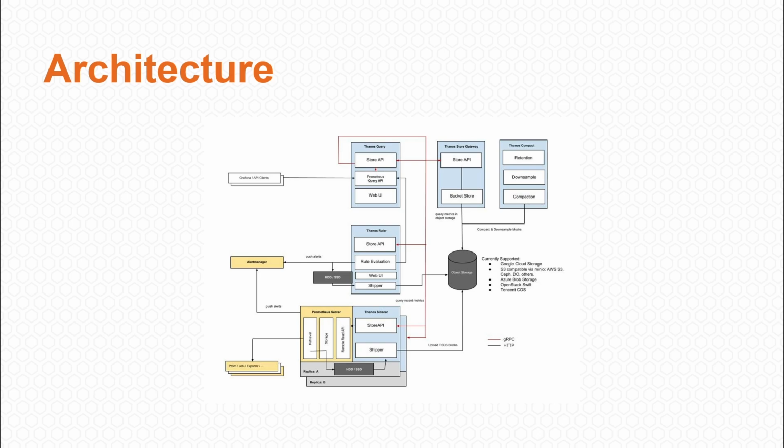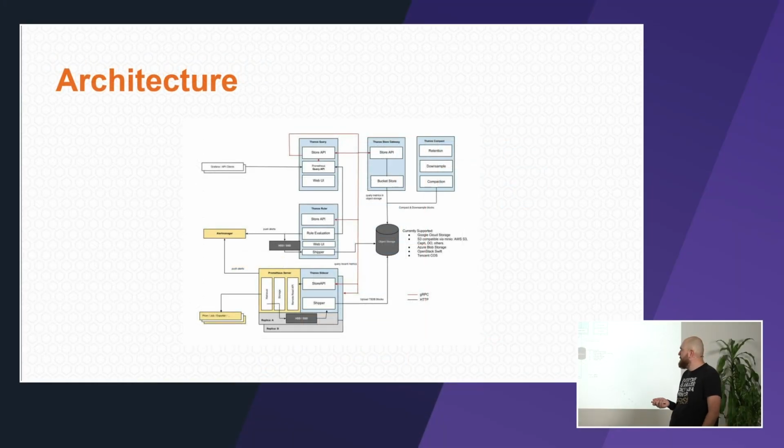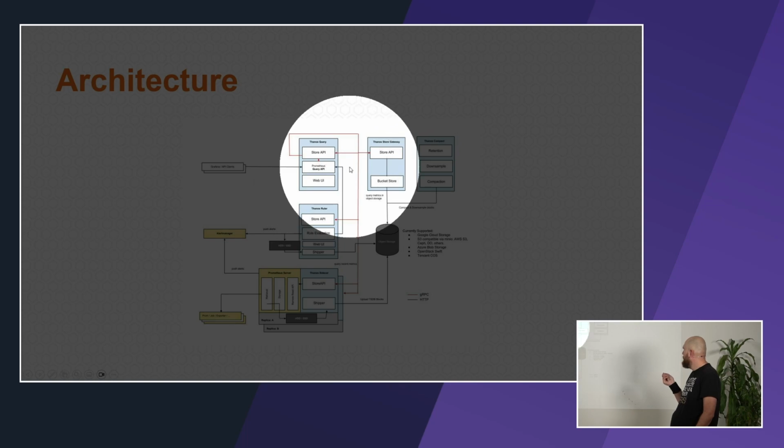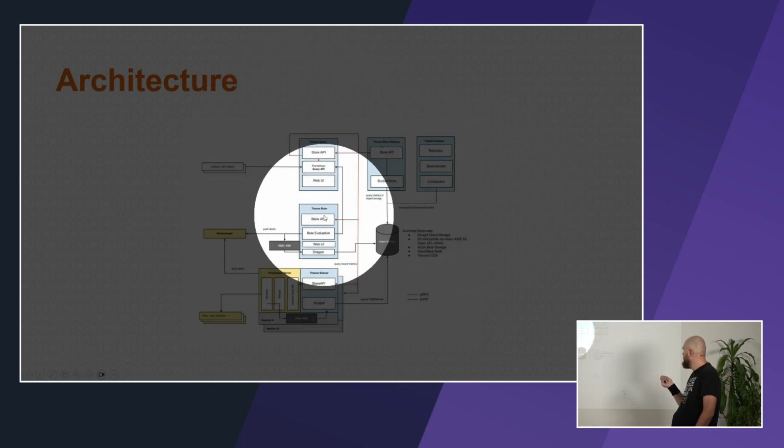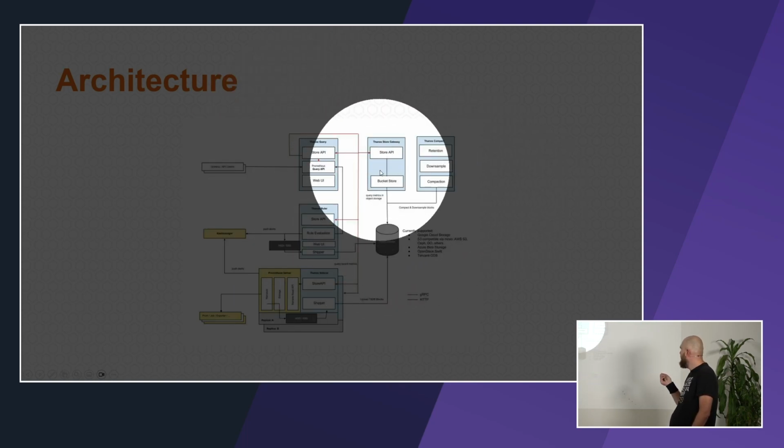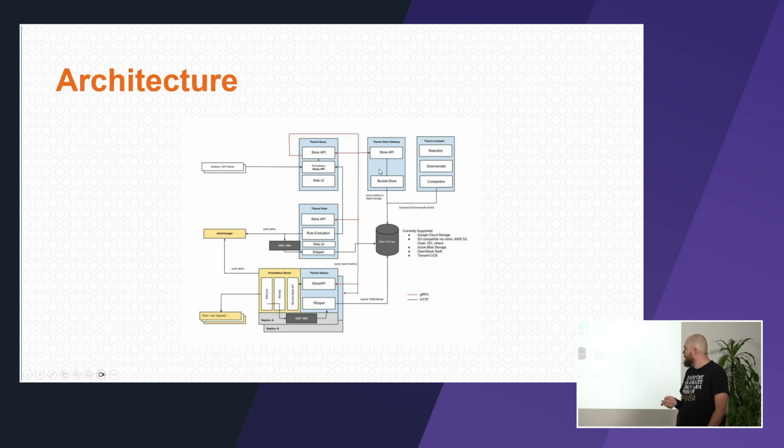Thanos query processes the queries. Thanos store gateway is the most interesting component in this diagram, because that's the biggest bottleneck of the whole Thanos architecture. And of course, Thanos compactor, which gets rid of non-needed data.